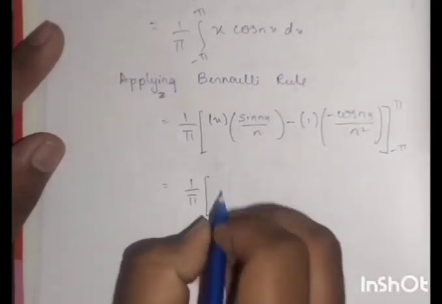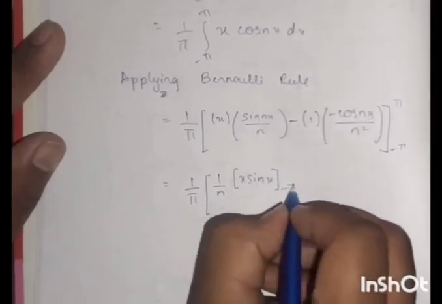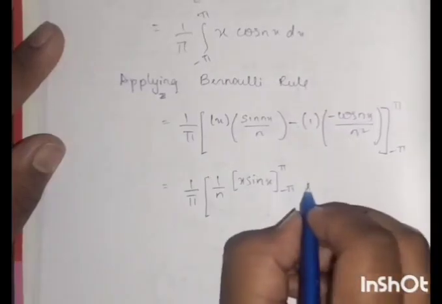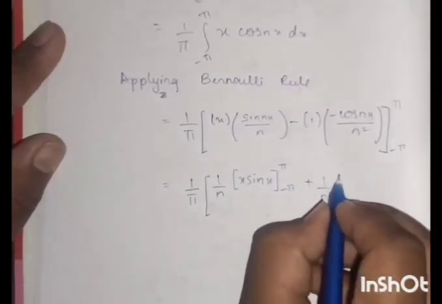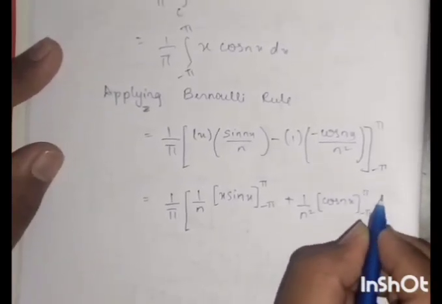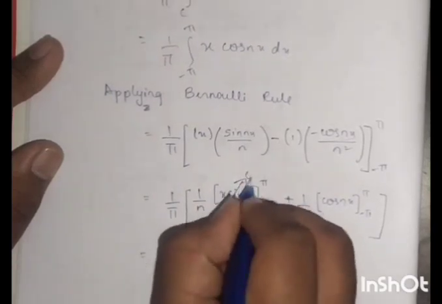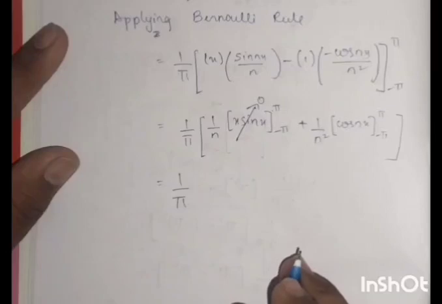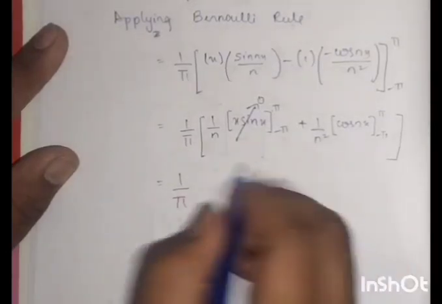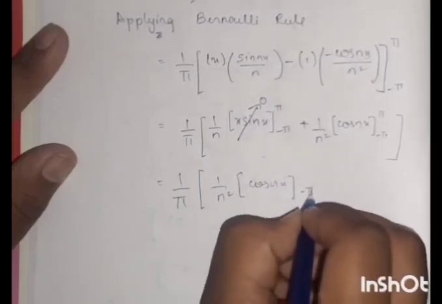1 by pi, taking the 1 by n outside, we remain with the term x sin nx, limits minus pi to pi. Minus will become plus 1 by n square outside, cos nx from minus pi to pi. We know that sin n pi and sin pi are all 0, so that term is 0. Now we remain with 1 by n square cos nx from minus pi to pi.